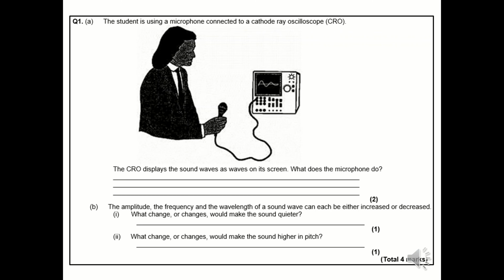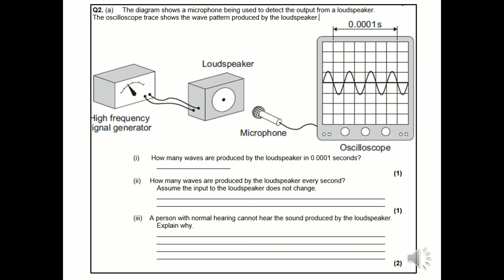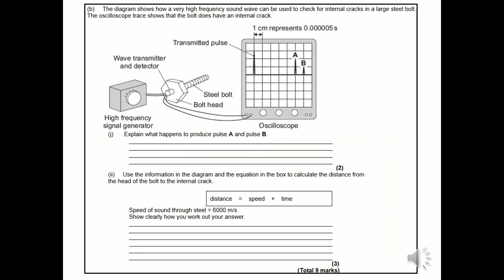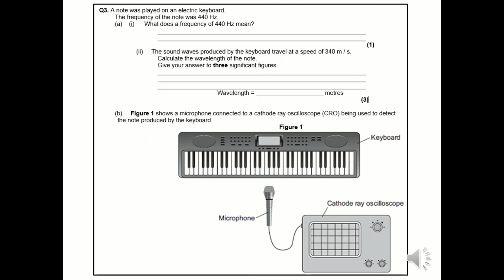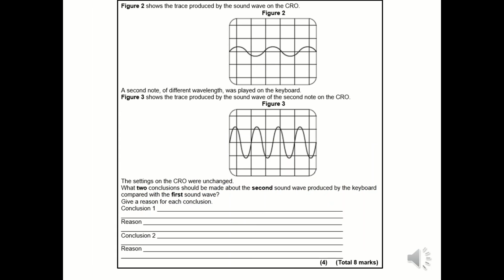Okay, students, now that you have been given some key information and you've been given some practice questions, these are some questions for you to try. Complete the questions and then upload your answers to get some feedback. We have question 1, question 2, question 2b, question 3, and question 3, the second part.